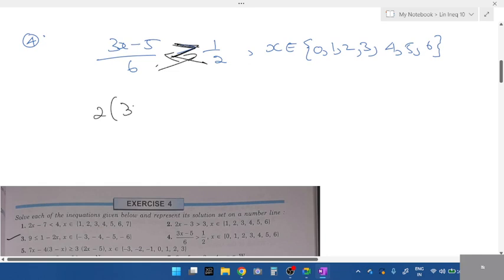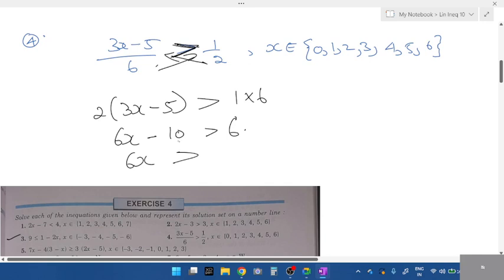Multiply to this side like this. Greater than remains as it is, 1 into 6. So what do you get when you open the bracket? 3x minus 5 is greater than 6. Again, the 6x minus 10 goes to the other side. Addition and subtraction, the sign never changes. Greater than 6 plus 10.